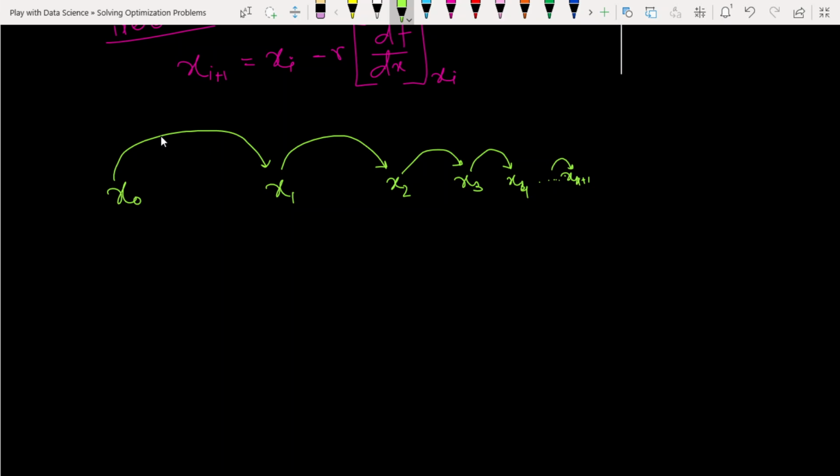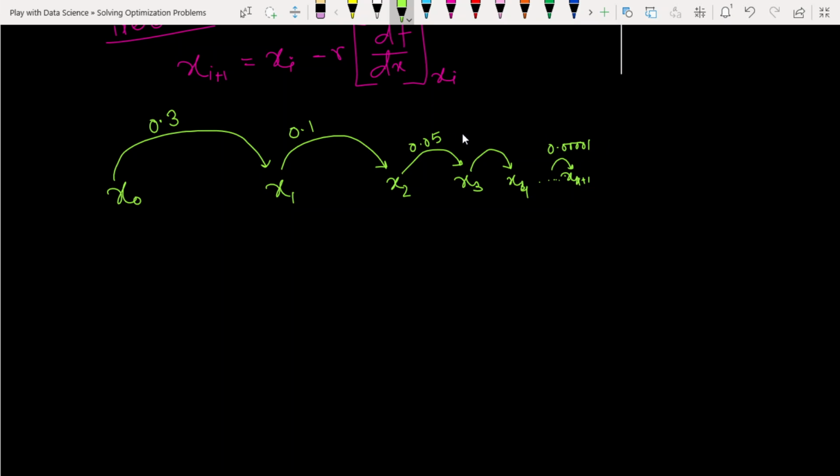As we jump, our jumping steps decrease, because as we move closer and closer to our optimal point, our slope value decreases. Let's take that in the first step we decrease by 0.3, then by 0.1, next by 0.05, and later by 0.0001.